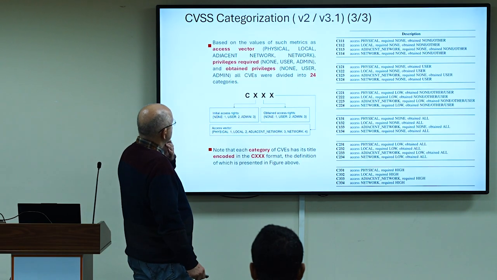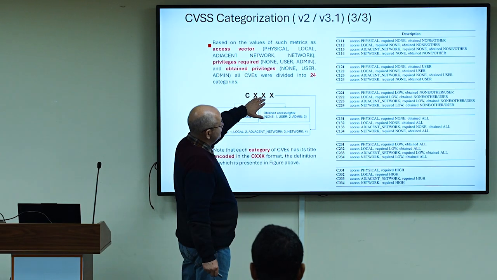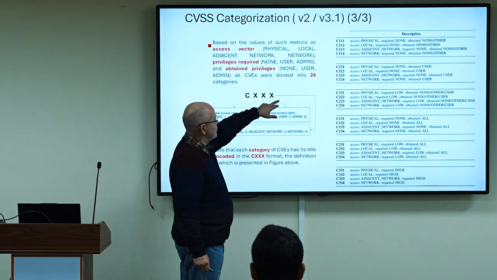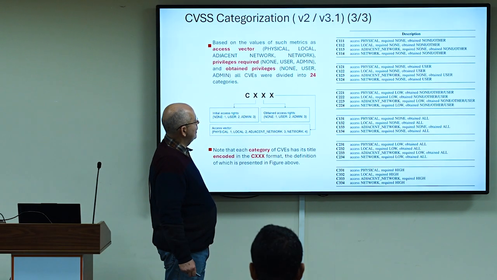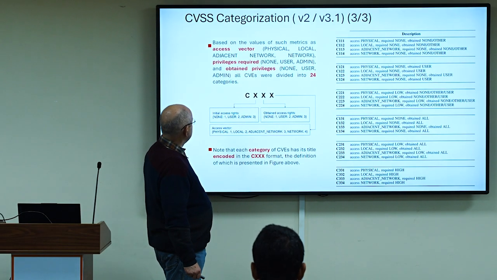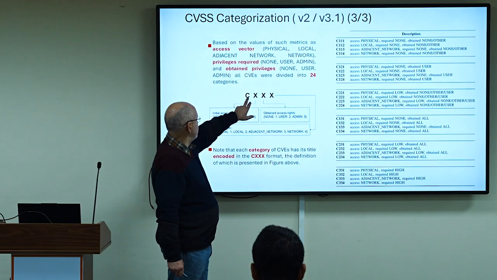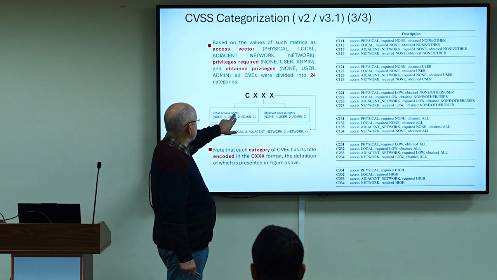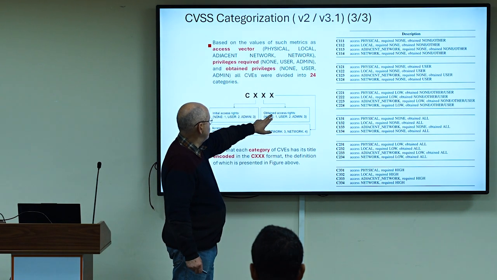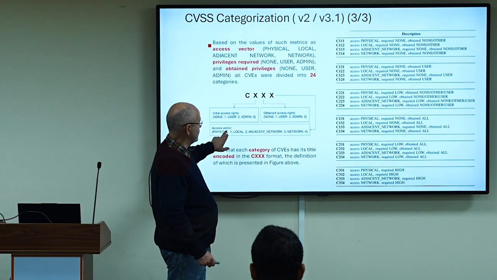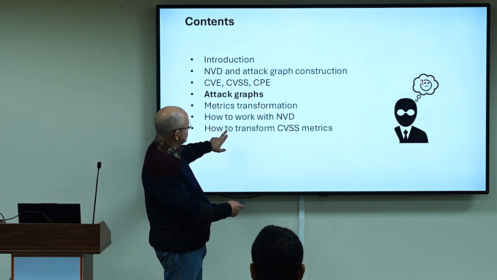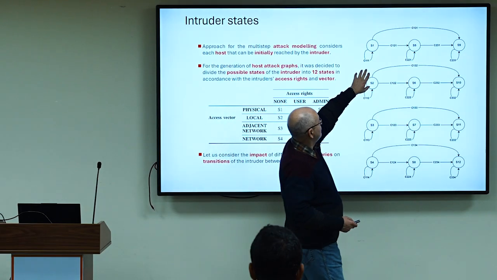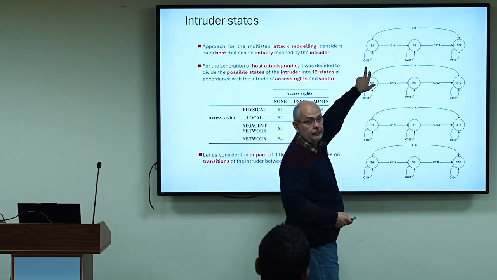And also we try to have such an agreement about how to enumerate parameters here. The first is initial access right, then obtained access right, and then access vector. This is important when we build attack graphs.